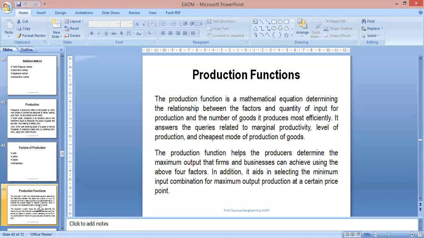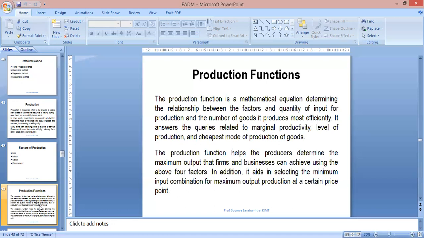Then production function. Production function is a mathematical equation determining the relationship between factors and quantity of input for production and number of goods it produces most efficiently. It answers the queries related to marginal productivity, level of production, and cheapest mode of production of goods.